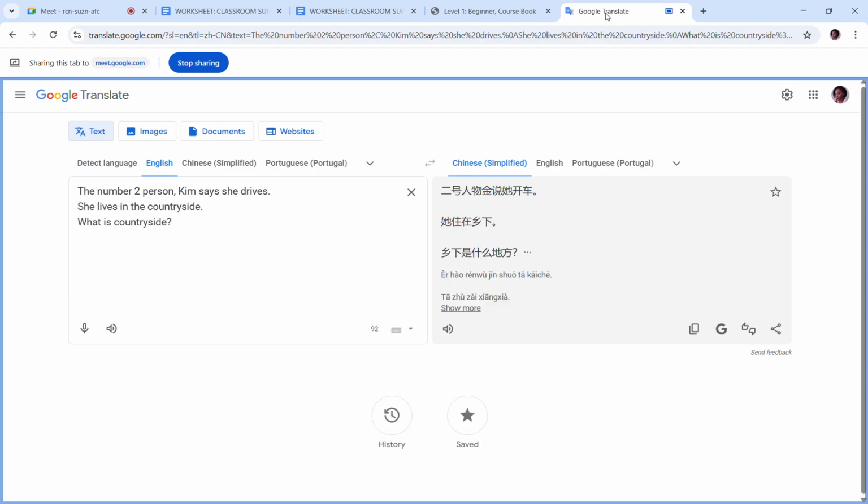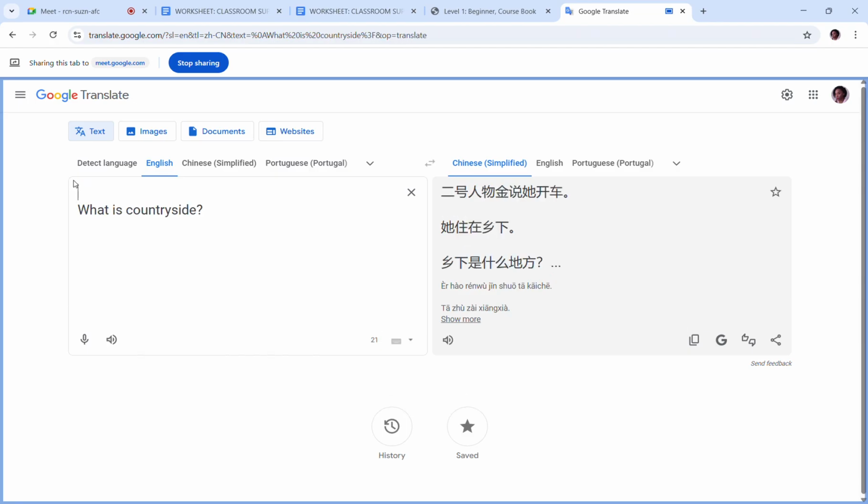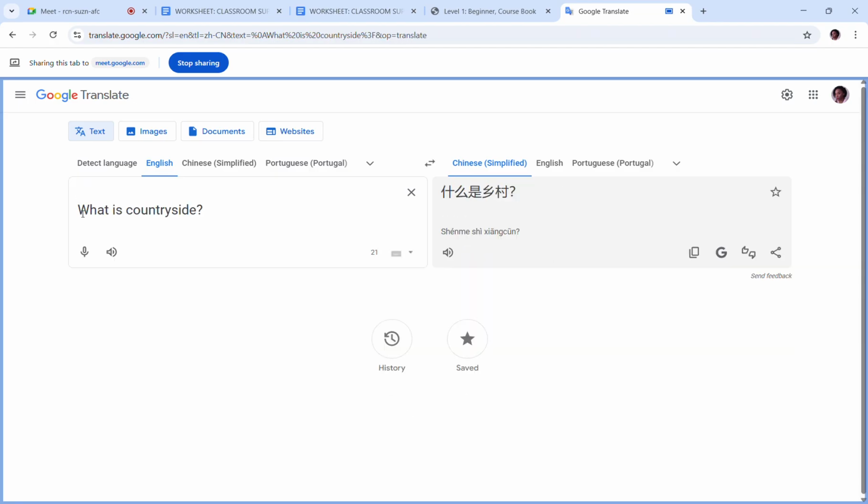What is the countryside? Village. Yes, very good.